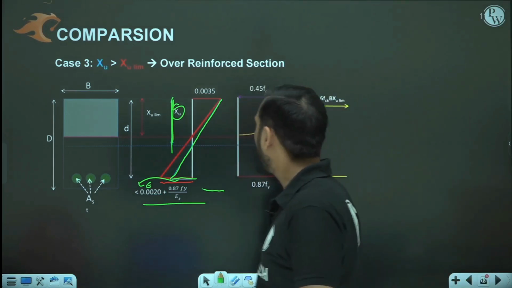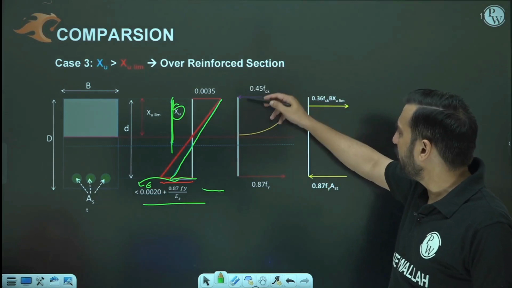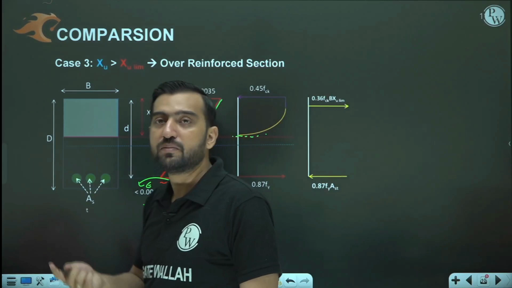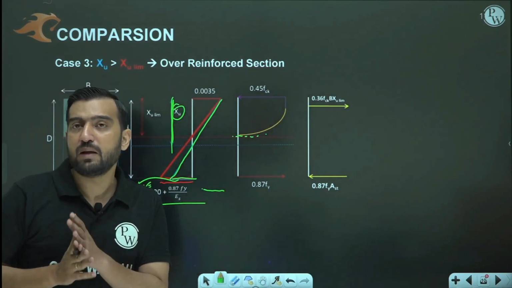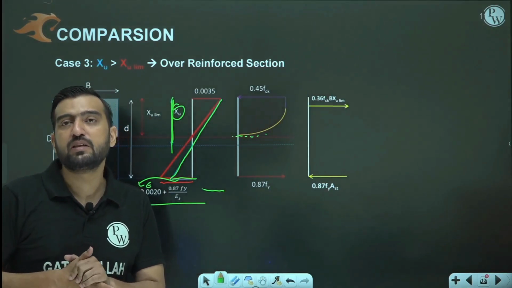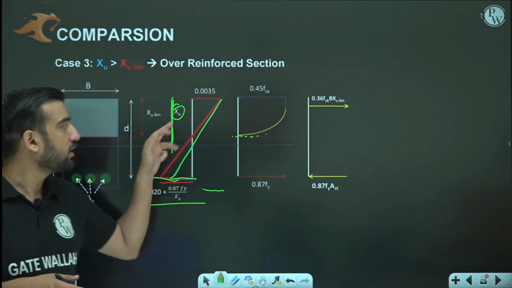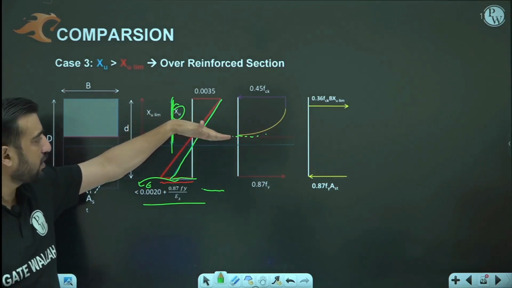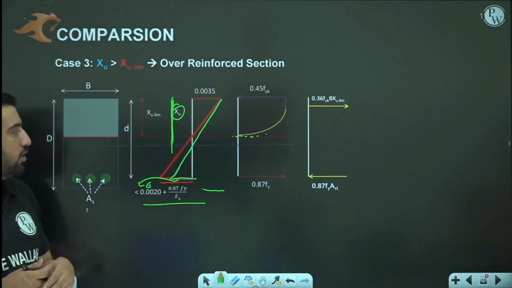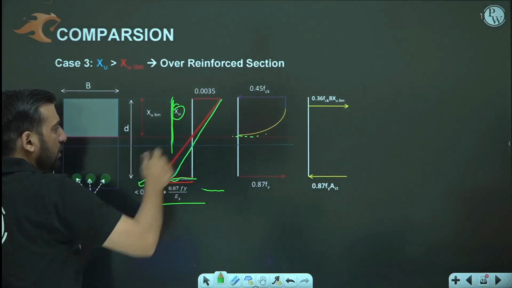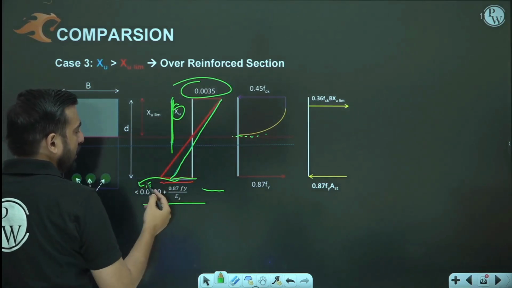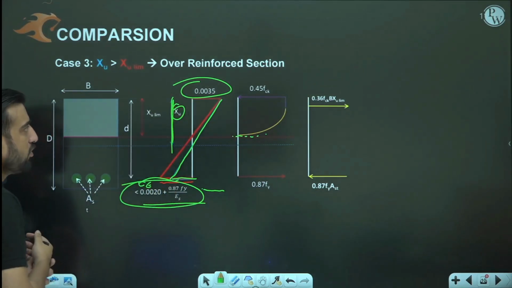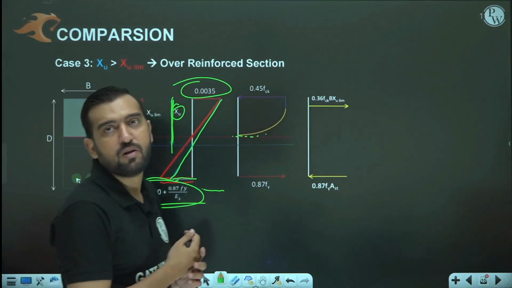So it is violating assumption number 6. So what are we going to do here? We will be limiting our depth to xu limit only. That is the reason why it is called xu limit, because it is a limited value. Our depth of neutral axis cannot exceed this xu limit. Okay, theoretically it is exceeding, but practically, my dear friend, we have to make this stress diagram for xu limit only, because collapse will happen here only when the strain at the level of CG of tensile reinforcement and at the outermost compression concrete is equal to these set values.